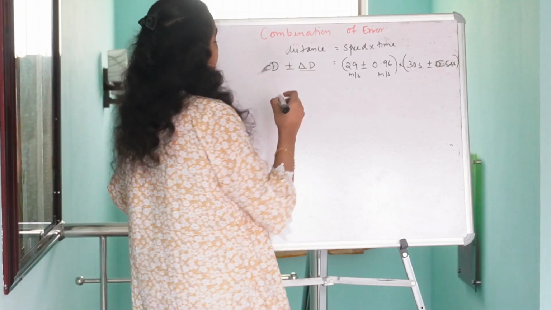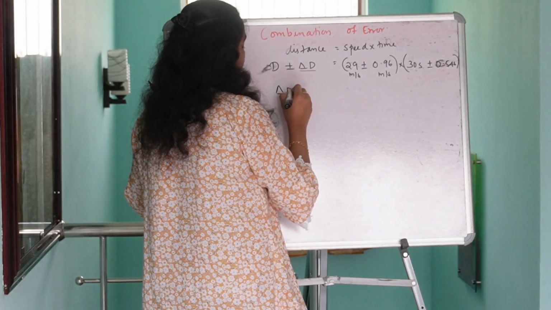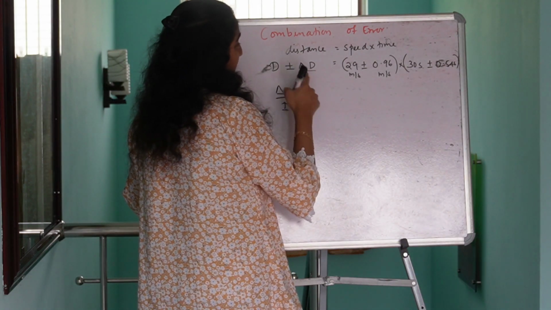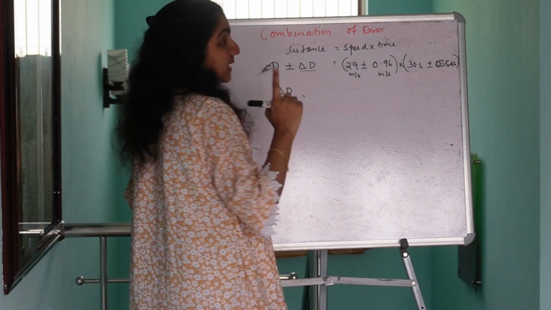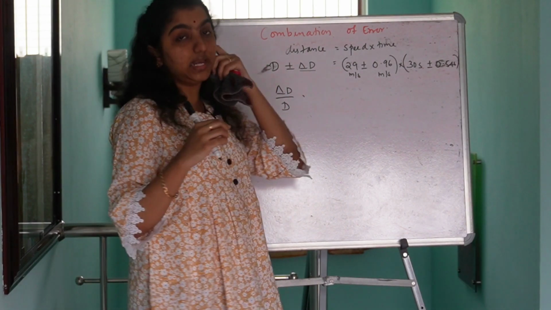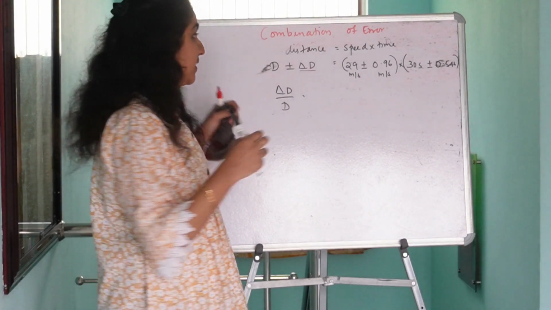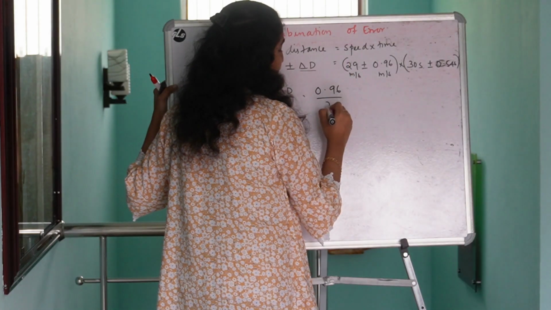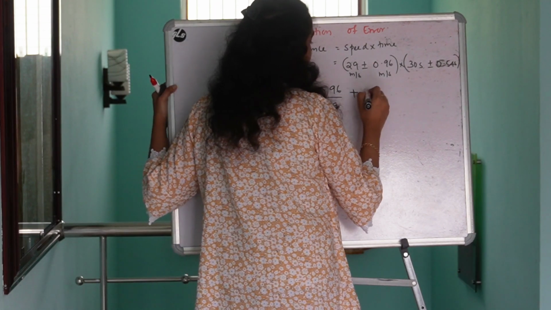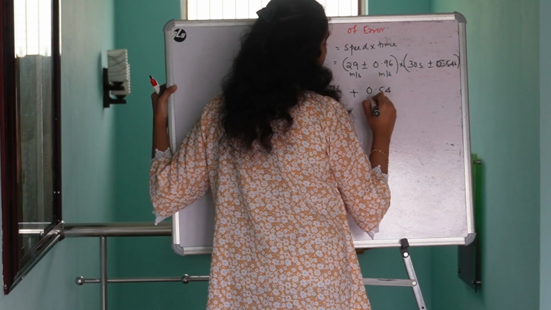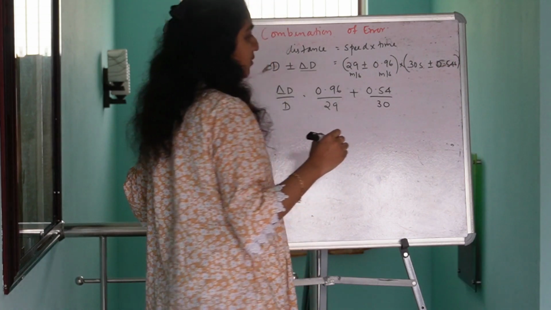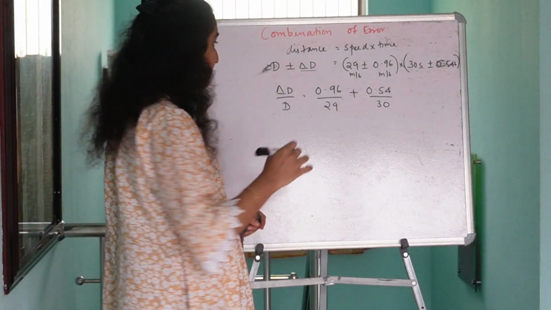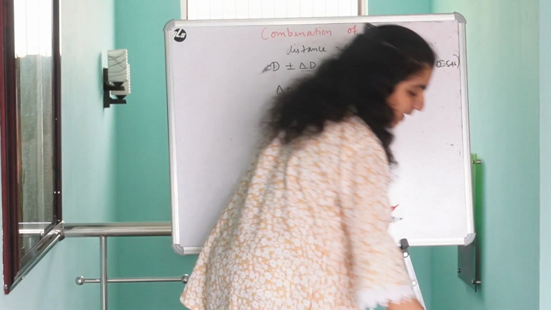So now let's find, we know del d by d, the relative error in the resultant, is equal to the sum of the relative errors in individual measurements. So 0.96 divided by 29 plus 0.54 divided by 30. So let's find the value.